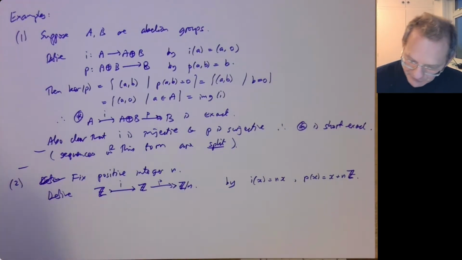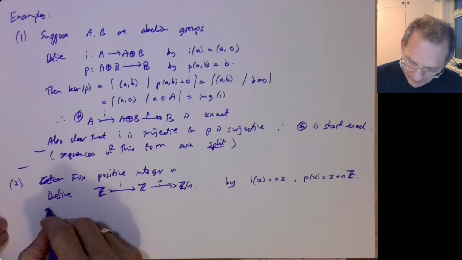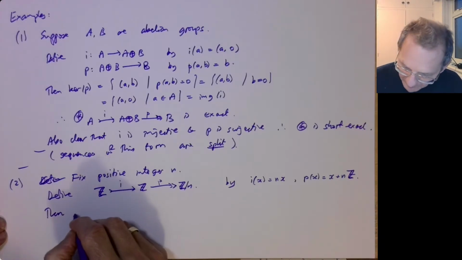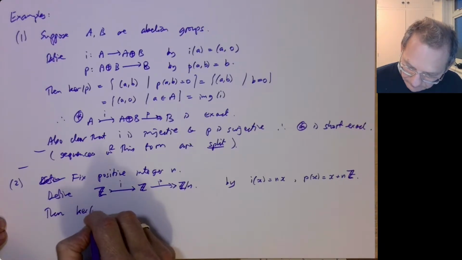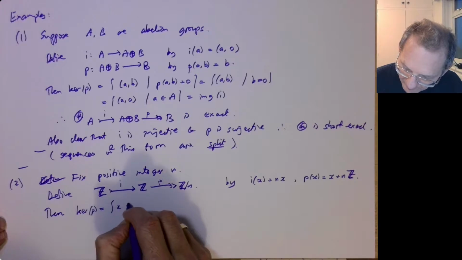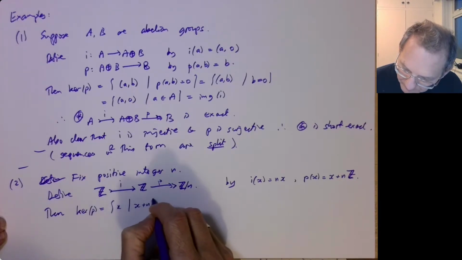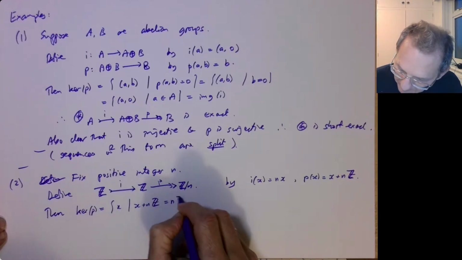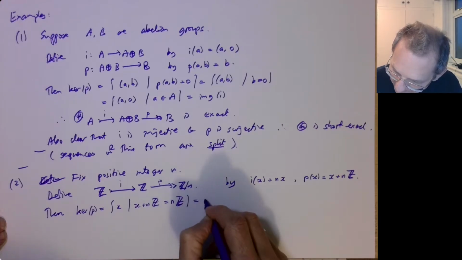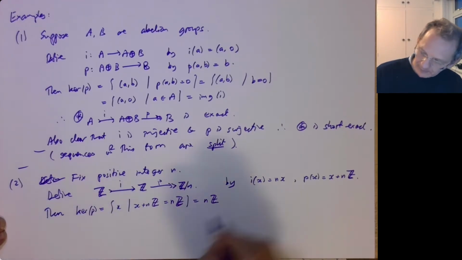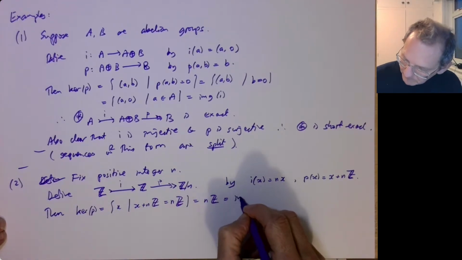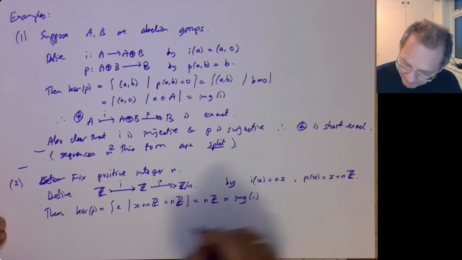So this p is surjective, and then we find that the kernel of p, that's the set of x such that x plus nZ is nZ, and so that's just equal to nZ, and that's the image of I.